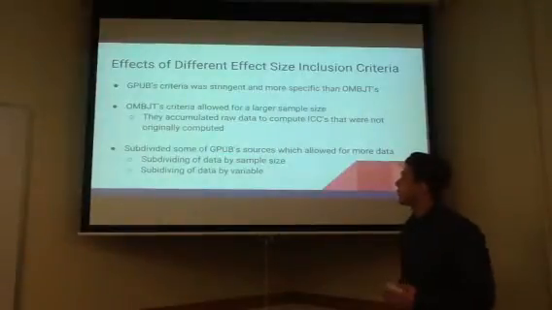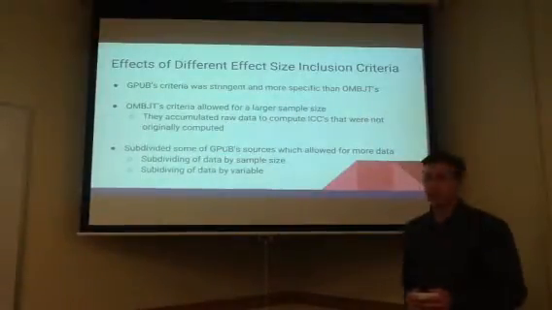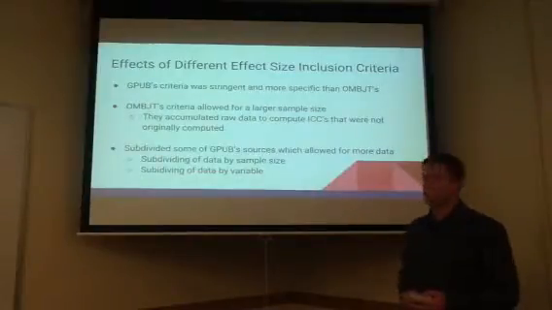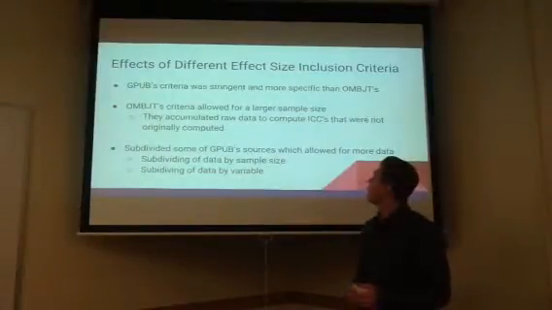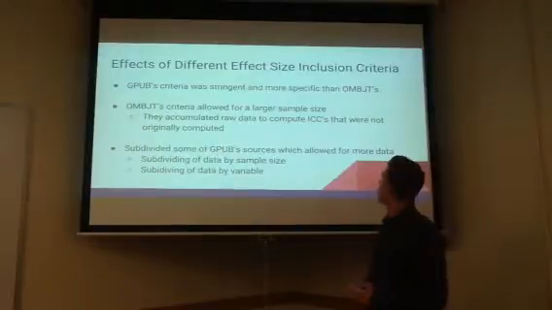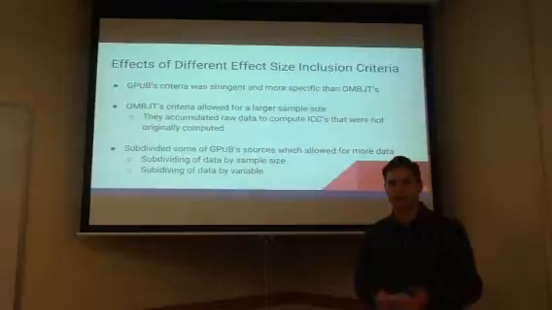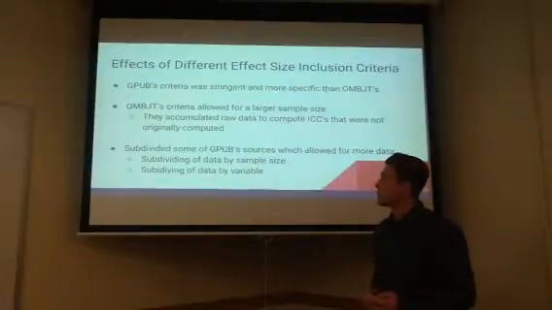I'm going to be talking about the effects of different effect size inclusion criteria. So first, GPUB's criteria was more stringent and more specific than OMBJT's, which made it so that there were fewer reports actually analyzed and less data for GPUB's reports.